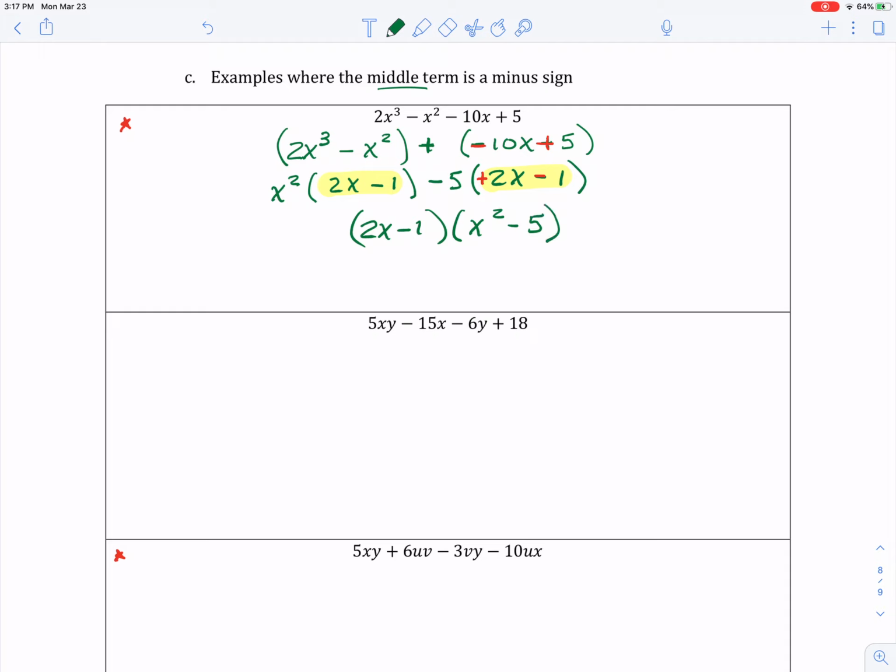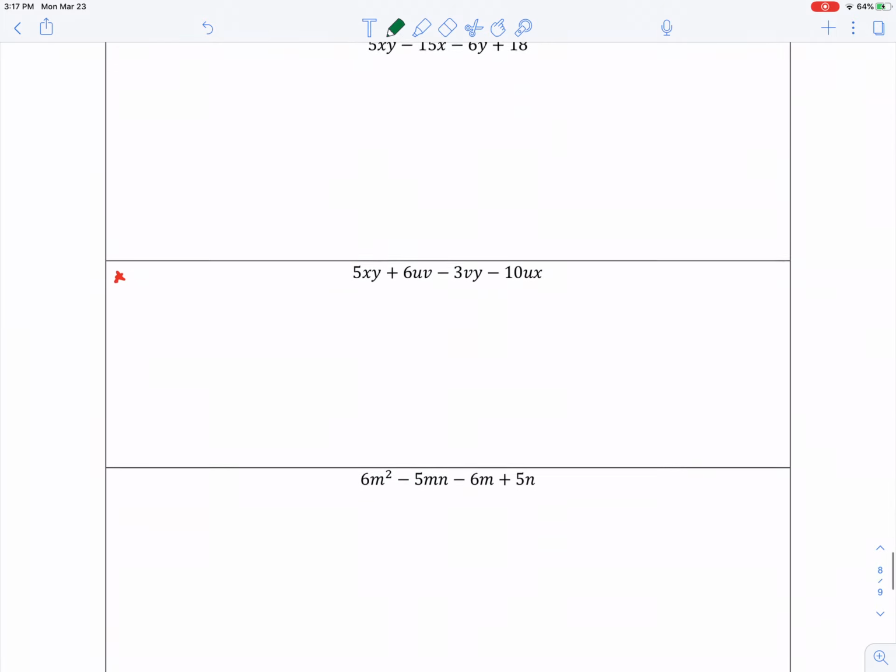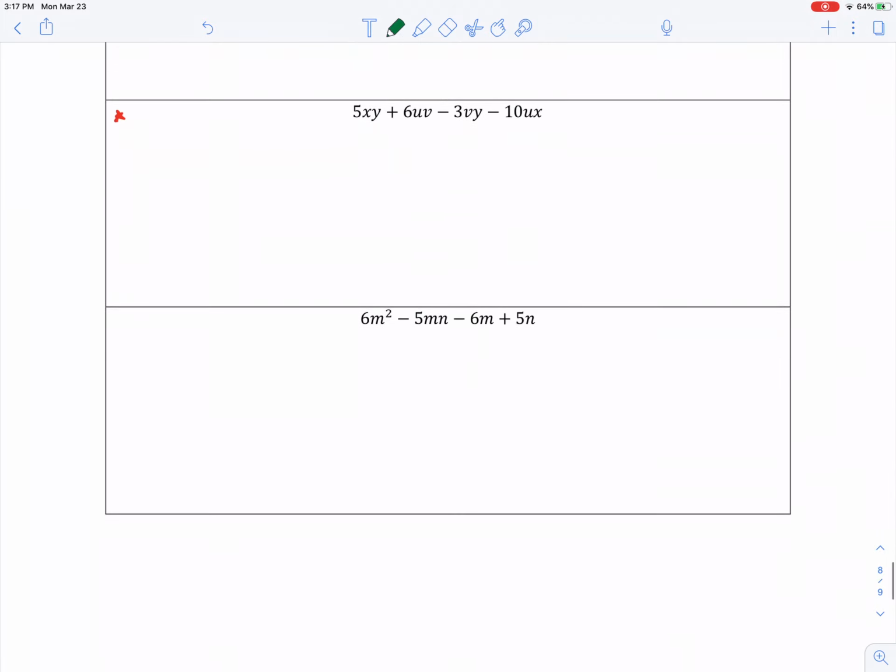And the last one I wanted to try, let me scroll down here. Again, you will always want to look through to see if you see a GCF, and I do not see a GCF. That should always be your first process. So I'm going to try grouping because I see four terms here. So again, I'm going to group, when I group those two, whoa, I don't see anything at all in common, do you?